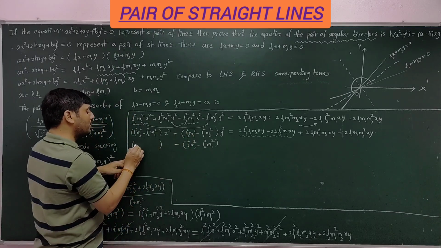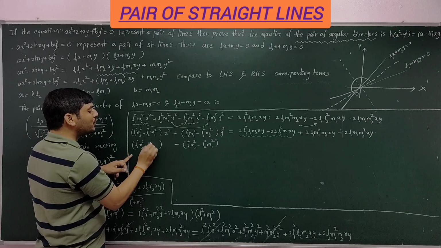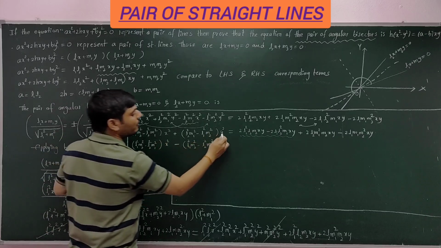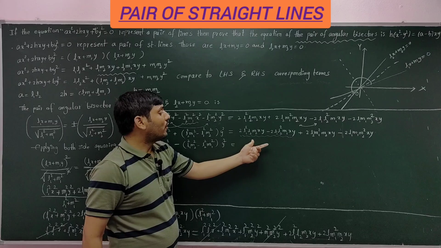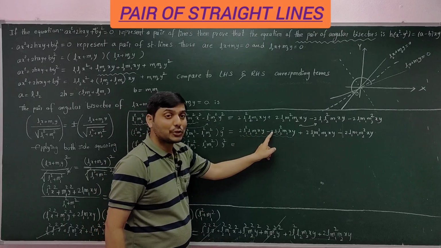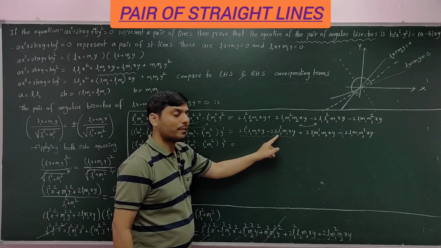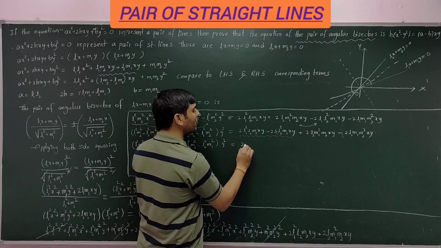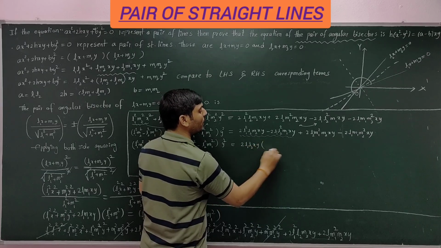Okay, now come to a point. l1 square m2 square minus l2 square m1 square, the remaining terms x square and y square, is equal to 2 l1 l2 xy common. So 2 l1 l2 xy will be common.